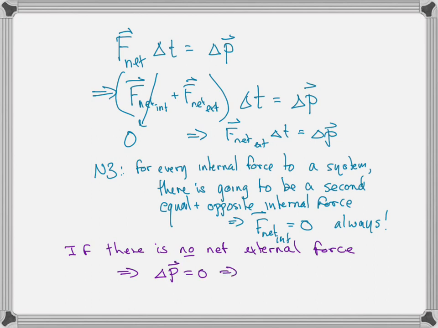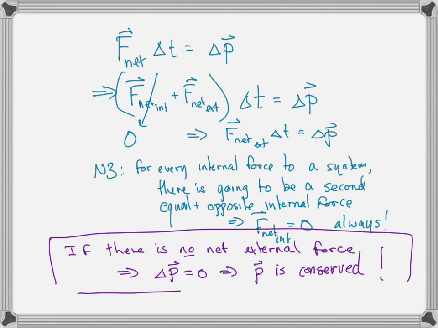This means P for the system that we're talking about is conserved, whether the system is a single body or a bunch of bodies. The momentum for the system is conserved if there's no net external force on the system. This is key. And we are going to use this for the rest of the semester to solve momentum conservation problems.